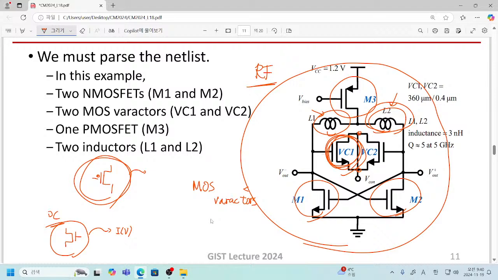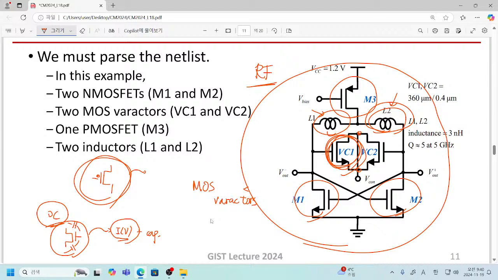Well, okay, then maybe we can do it better. Instead of considering only the DC component, of course we can include a capacitive component by performing a kind of small signal analysis. So, for example, even though we have DC already, we can also include a capacitive component between gate and source, gate and drain, or something like that.